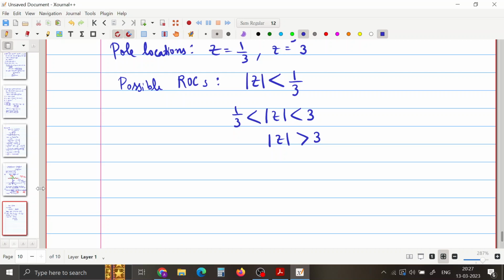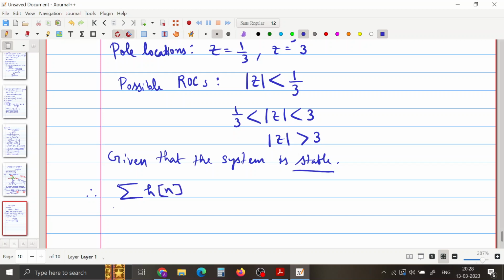And now in our question it is given that the system is stable. This keyword, stable, automatically implies that our impulse response belongs to the class of absolutely summable sequences.